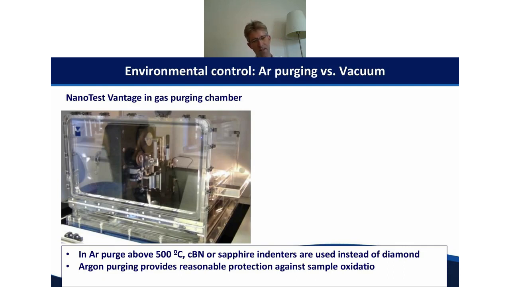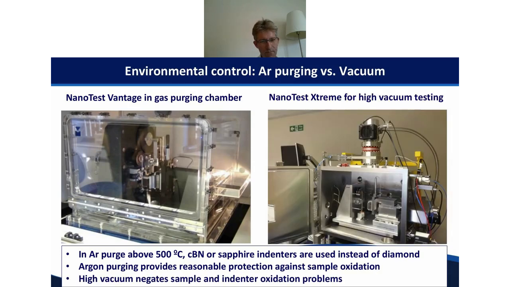And if you want to go higher, then we offer this NanoTest Extreme system, which allows us to do high vacuum testing. So it's got a very good vacuum level, and our customers have used this right up to 1,000 degrees, and this really negates any sample or indenter oxidation issues.